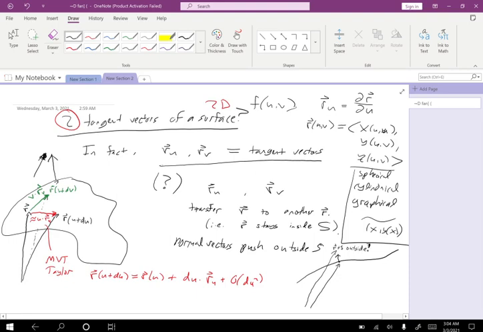But in contrast, if we now displace to another point of the curve, so if we look at r of t plus dt, then our displacement vector, using Taylor expansion, is dt times r prime of t. And notice how it stays inside the curve. So that means that r prime of t is a tangent vector.